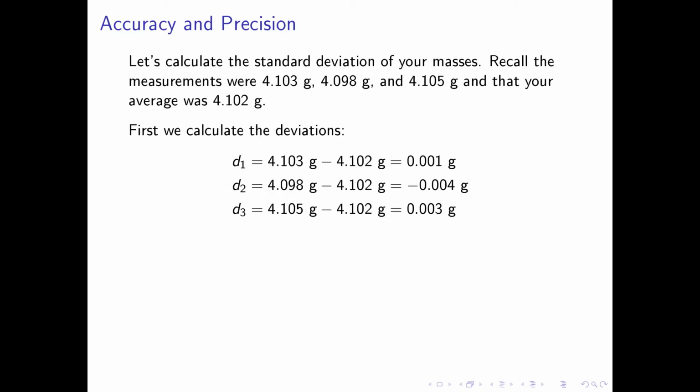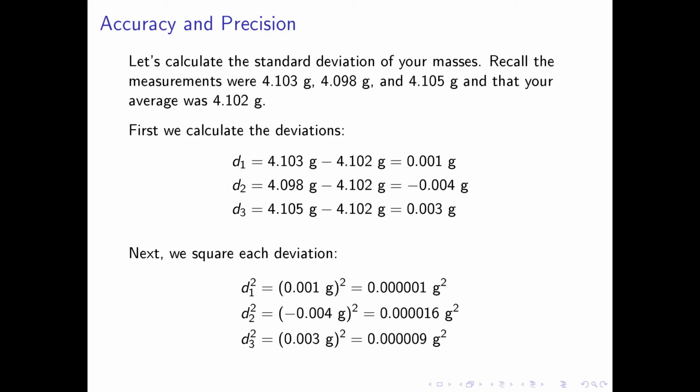This gives a value of 0.001 grams. d2 is equal to 4.098 grams minus 4.102 grams, which is equal to the negative of 0.004 grams. Finally, d3 is equal to 4.105 grams minus 4.102 grams, which is equal to 0.003 grams.